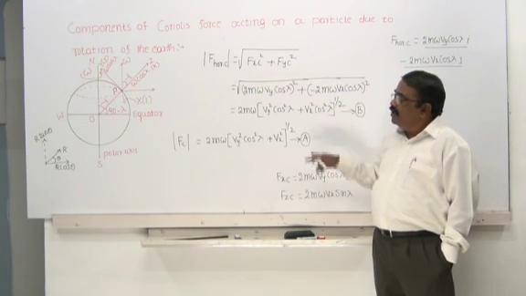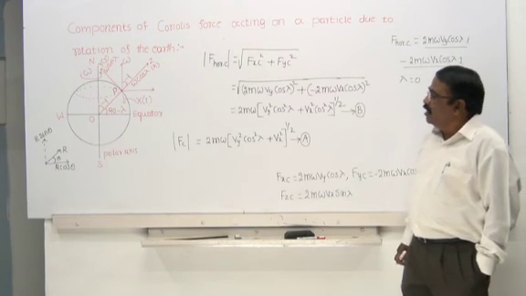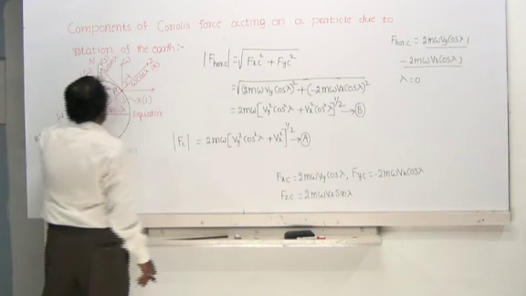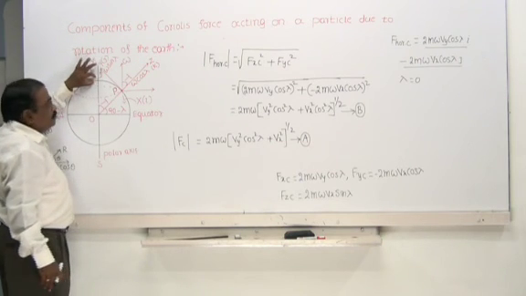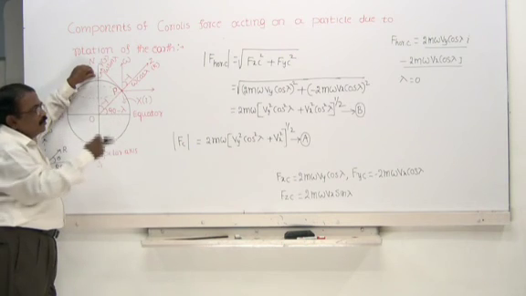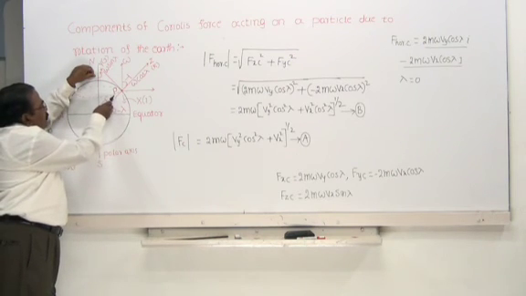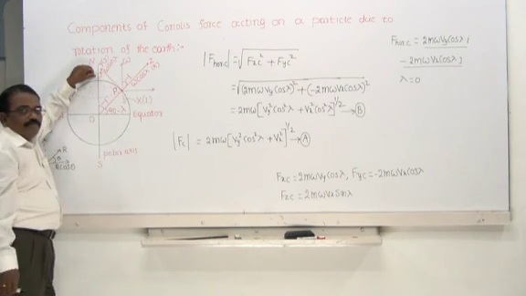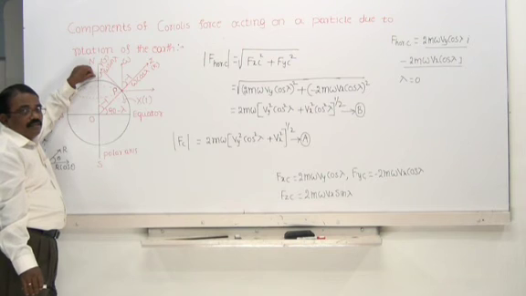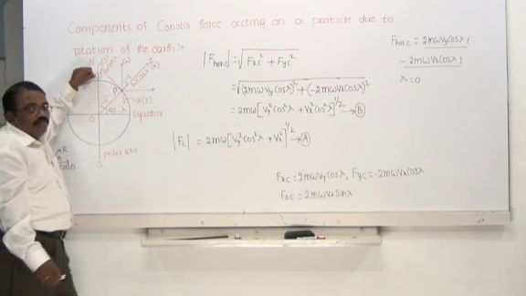And lambda is 0 means at the poles. Then it is minimum when lambda is 90 degree.